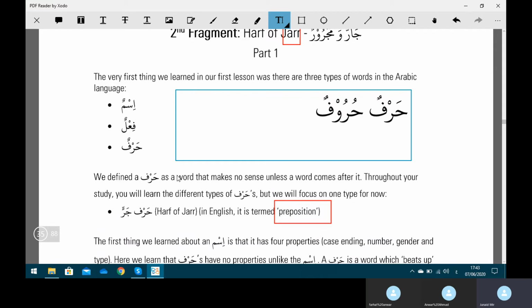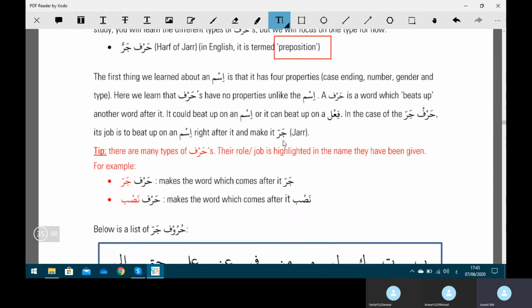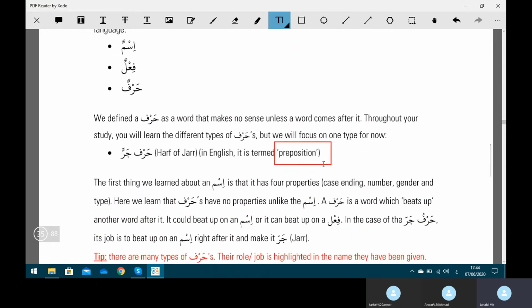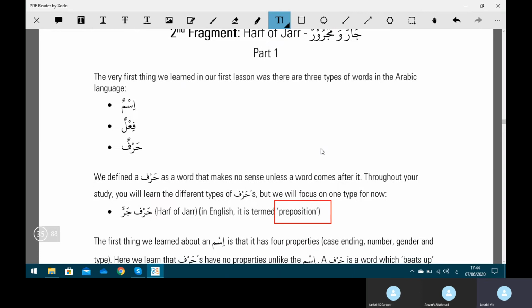Harfun means letter or particle. Here we learn that huruf have no properties unlike the ismun. Whenever we see an ismun, we say it has case ending, gender, number, and type. So we can break it down into four properties.